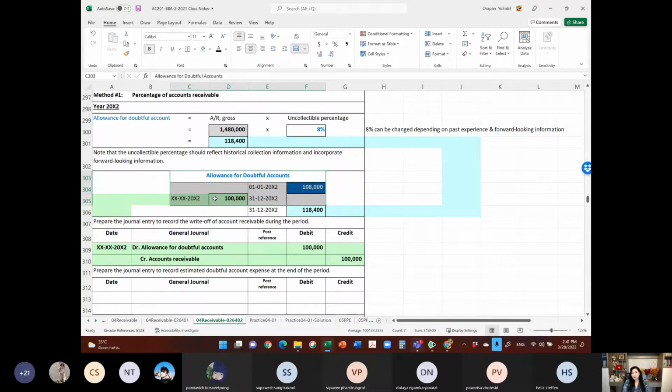So I want to show you that it's okay to overestimate or underestimate. This is normal. This is common. So you overestimate the expense in the prior year. So now, after you reduce that 100,000, how much do you have? You're starting out with 108, and then you reduce the balance by 100,000.